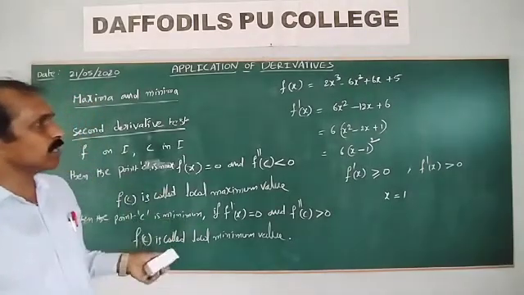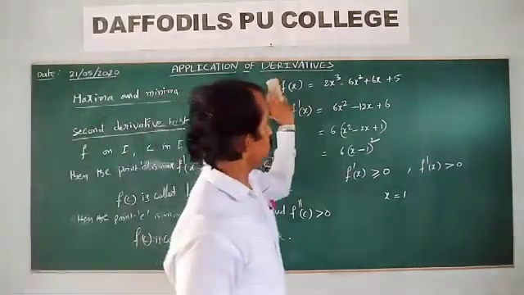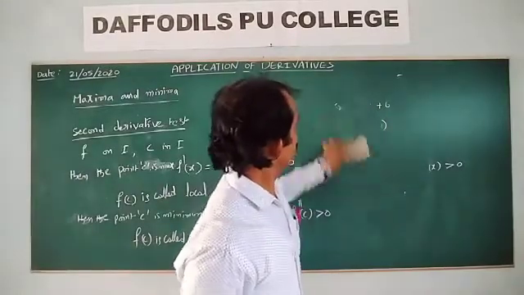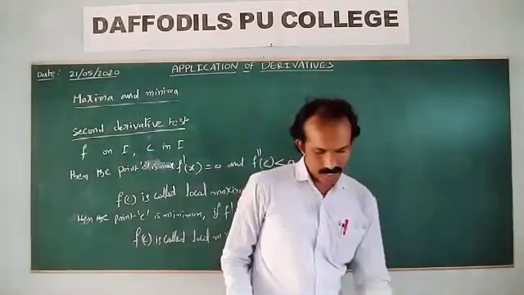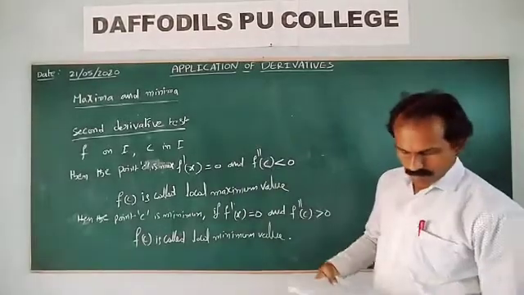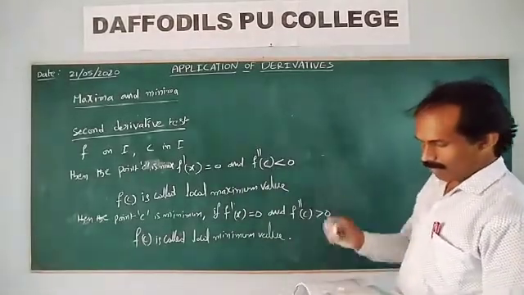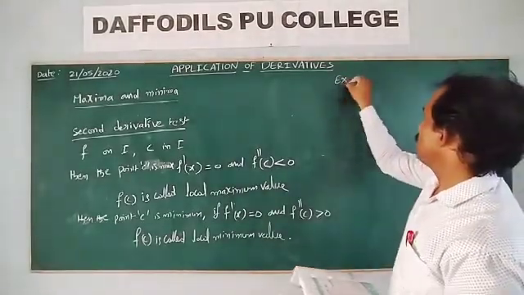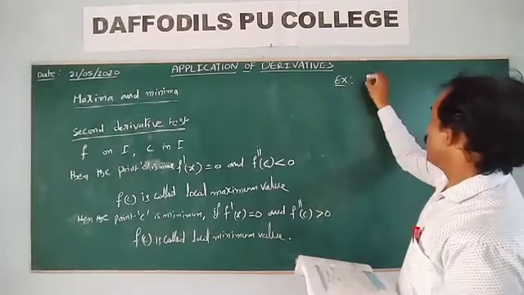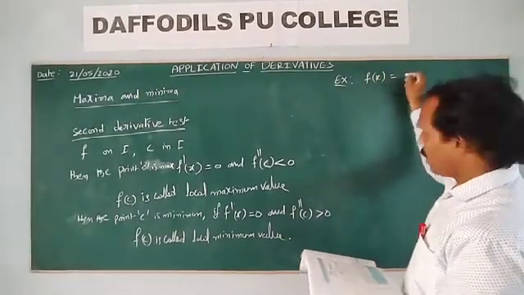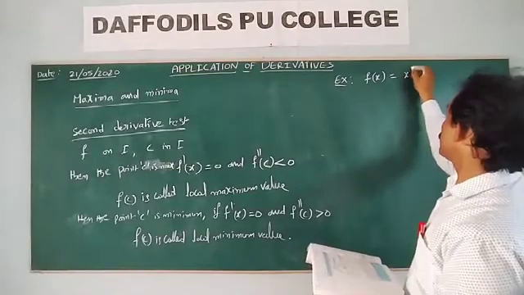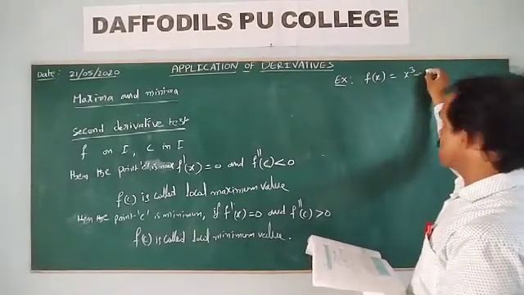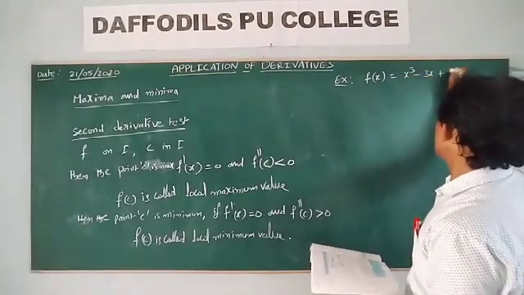Okay, we see this example. Same example as we did in the previous class. Example: f of x is equal to x cube minus 3x plus 3.